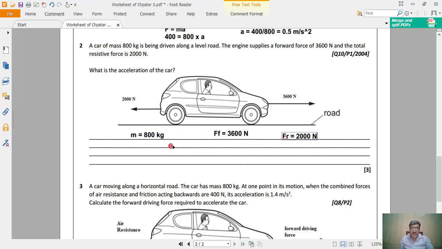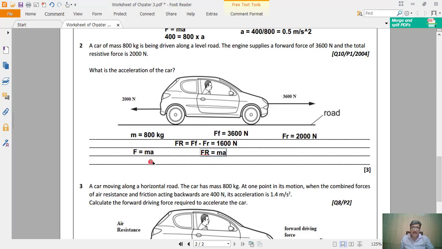Now we have to first calculate the resultant force. So Fr is here representing the resultant force. Ff minus Fr gives me 1600 Newton. So this is the resultant force. As I know that Newton's second law says that F is equal to ma, and this F is here basically the Fr, so Fr is equal to ma.